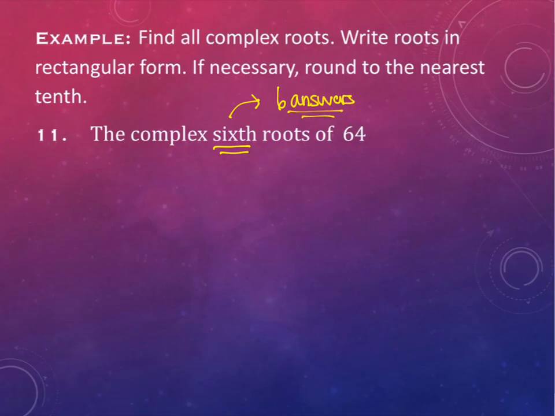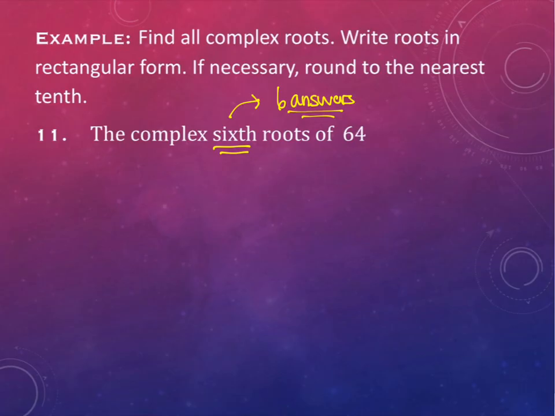The thing that's really interesting is that 64 is just a real number. It's a nice number even, right? It's an integer, it's a whole number, it's fantastic. And if I asked you before you came to class today, what is the 6th root of 64? You would give me an answer and there'd be exactly one of them. What's the 6th root of 64 in the real number system? It's 2.